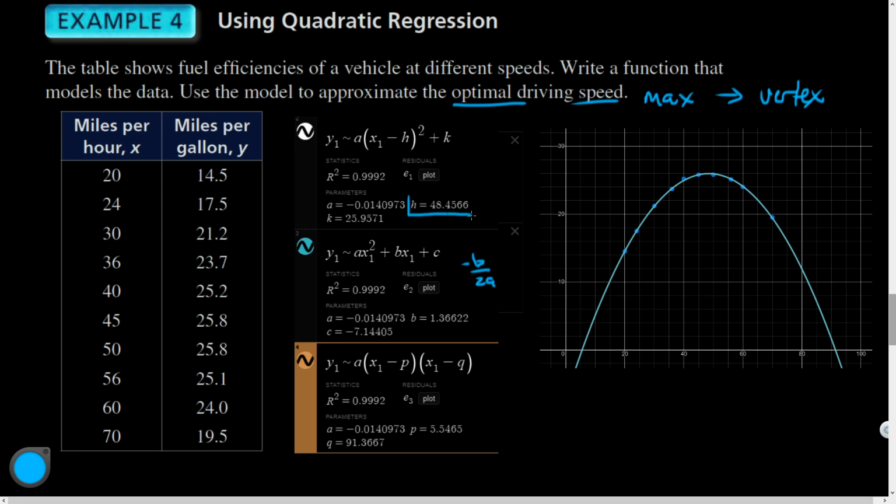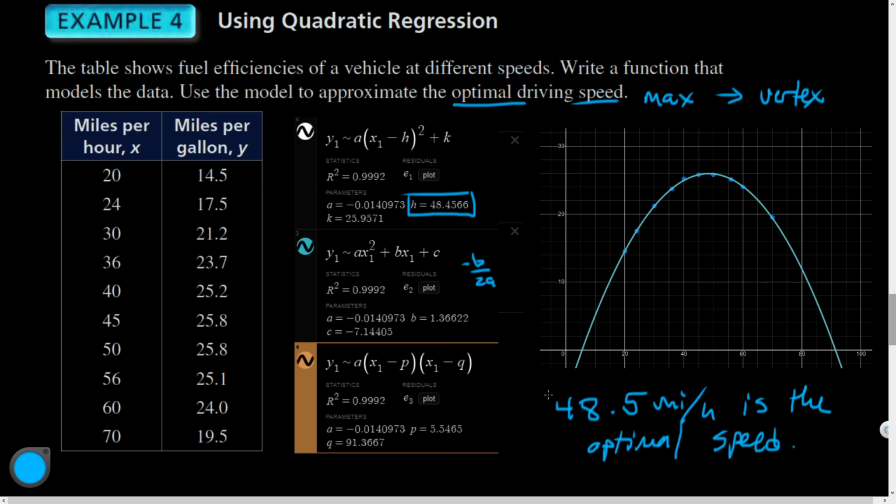And so h is 48.4 miles per hour. That will round correctly. 48.5 miles per hour is the optimal speed.